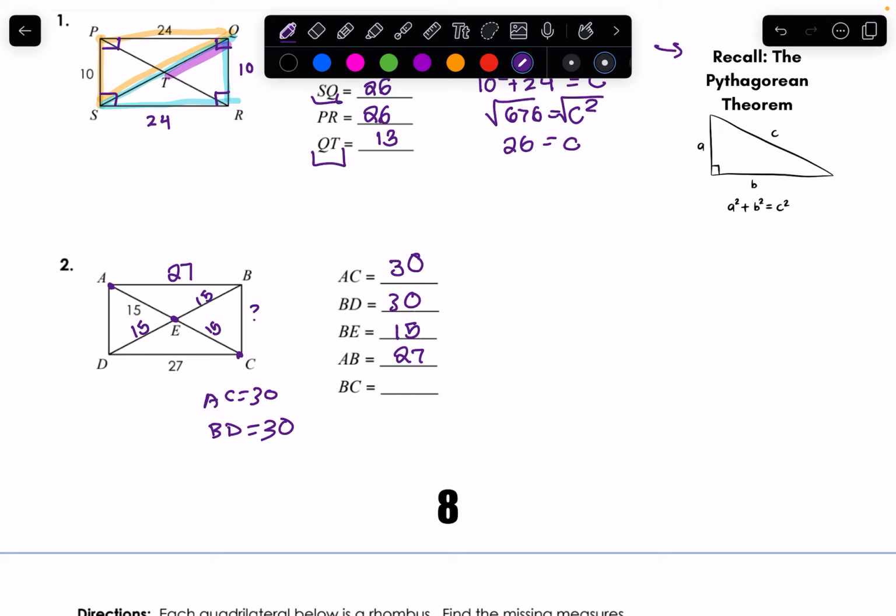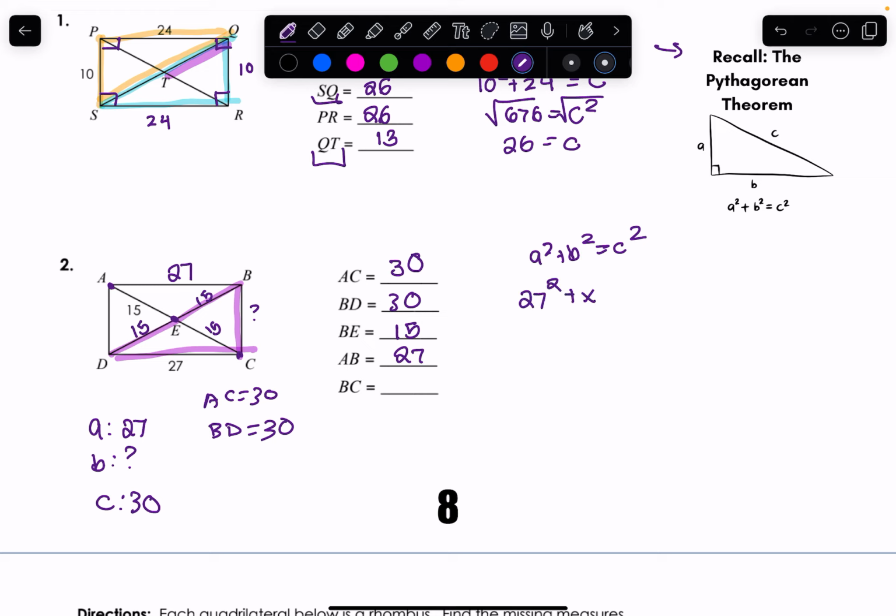Again, you're going to need to use the Pythagorean theorem. If we highlight our triangle, in this case we have that one leg is 27, the other we don't know, and the hypotenuse is 30. So set up the Pythagorean theorem: 27 squared plus x squared is equal to 30 squared.